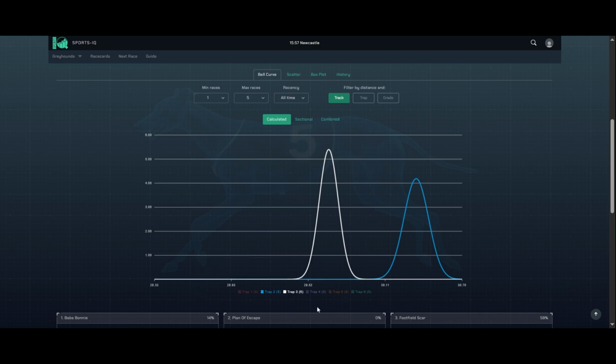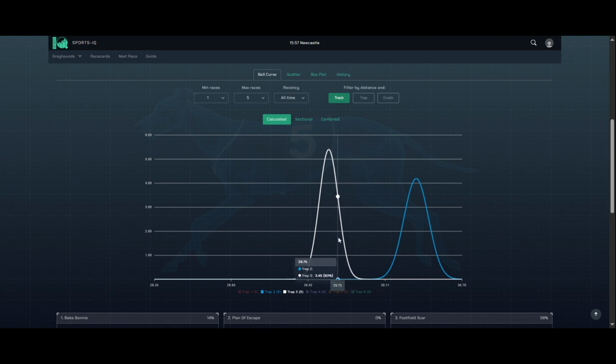We can see that the white or trap 3 bell curve is shifted further left than trap 2, meaning it's faster. To the point where if we look at trap 2's fast side, so its left hand side, it's even slower than trap 3's slow side.